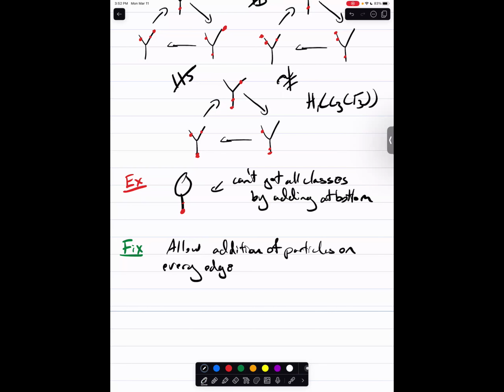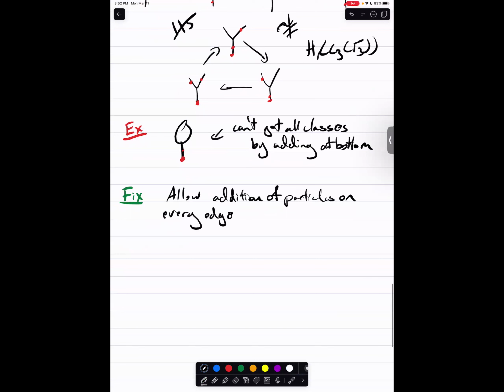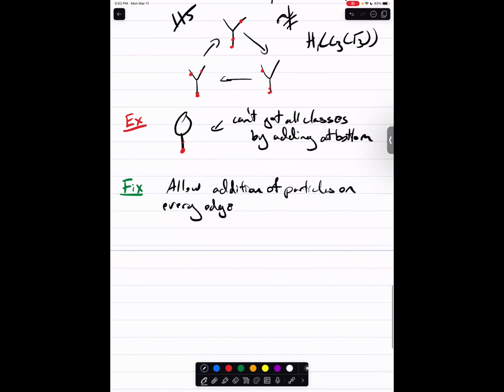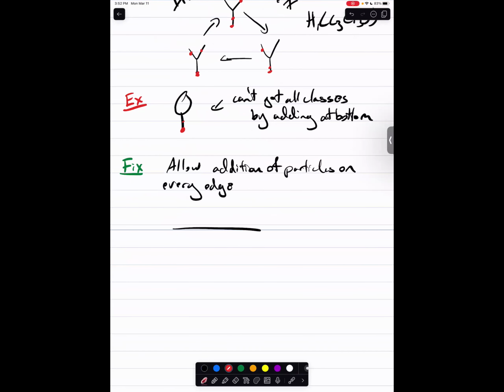And this is possible because we're dealing with unordered configuration space. Say we had a single particle over here. Well, we can add a particle onto this edge by just putting one right next to it. It doesn't matter what side you do it on because the particles look the same.